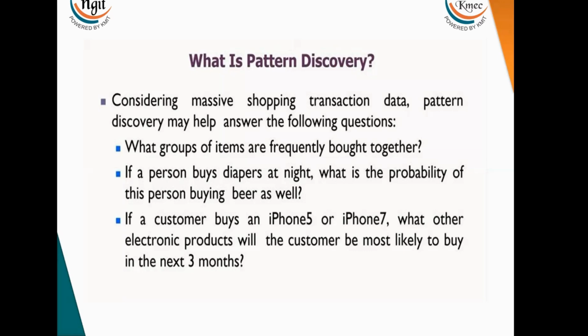That should be analyzed. And if a person is buying one item during any specific time, what other item is being preferred? Here you can see that if a person is buying a diaper at night, what is the probability of him buying beer as well? And also, some customers want to buy new versions.